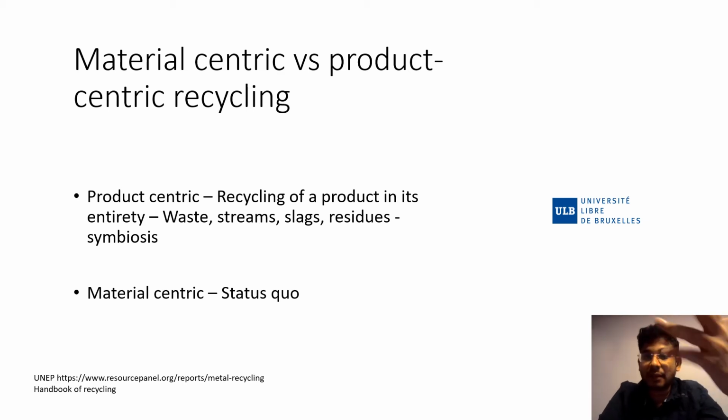So we saw this example a lot in symbiosis. So this can be again repeated, reproduced in product-centric recycling. So you see the difference here, right? Material-centric is obviously what's happening right now. And the advocacy is that we move from here towards a product-centric future where we consider everything in a very holistic manner.